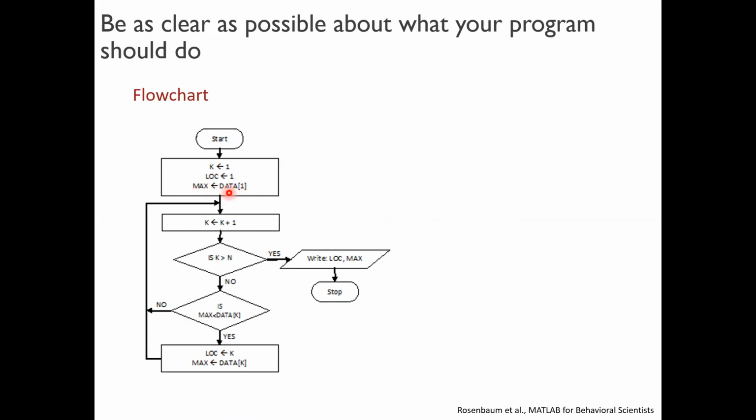A good place to start is to assume initially that the first value is the largest value. Then as we move through the algorithm, we're going to increment our counter. We're going to make k equal to k plus 1. So if we started with k equals 1, we add 1 to it, and now k is equal to 2.